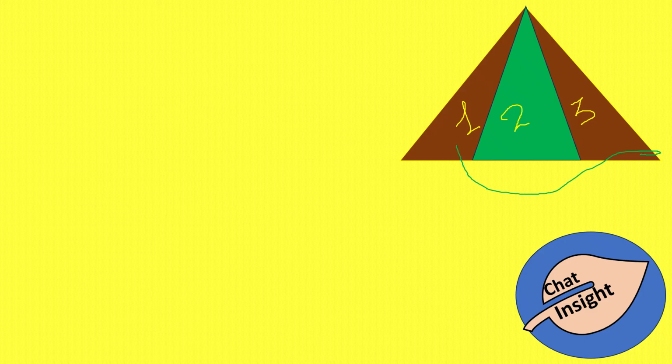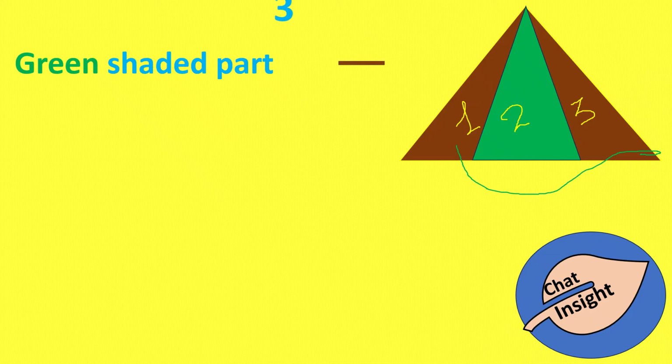So look at here. Our question is asking about the green shaded part here. So first of all we cut it into three parts. That's why we use a three here. And after that, the green shaded part is just the one.